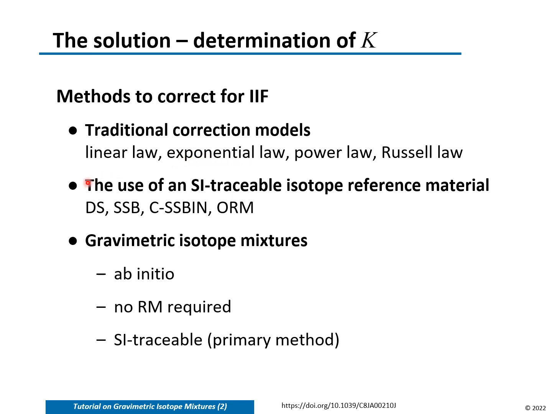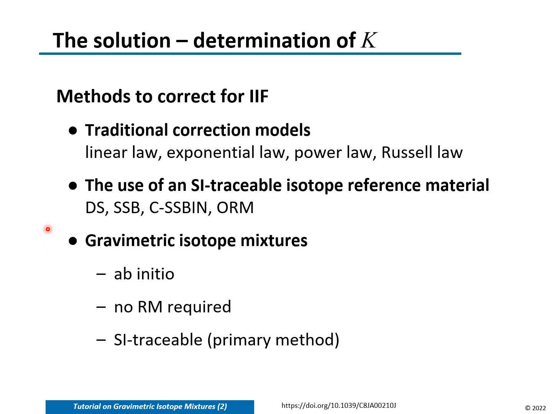The next group of methods are based on the use of SI traceable isotope reference materials. Among them, the use of a double spike, or the standard sample bracketing, or the combination of the standard sample bracketing with an internal normalization, like for example the exponential law, or the so-called optimized regression model, where, for example, the plasma power is varied during the measurement to yield the K factor.